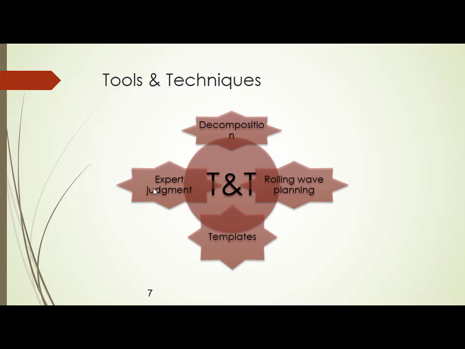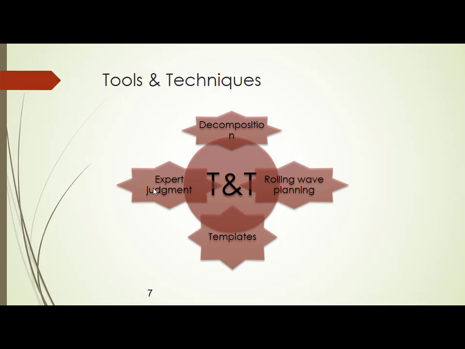So you know what is decomposition. Decomposition basically means taking the work package and dividing it into smaller activities. And the second one is expert judgment. Expert judgment means contacting the subject matter expert in order to identify the sequence of activities you need to have. Then you have templates.